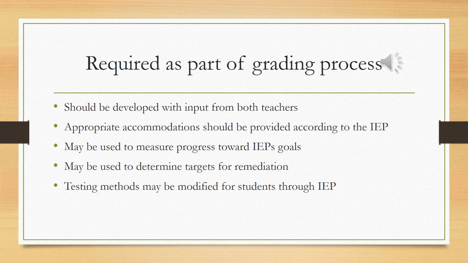Major tests can be used to measure progress towards students' IEP goals, especially if the special education teacher and gen ed teacher have worked together to develop the test. They can also be used to determine targets for remediation. Testing methods may be modified for students who have significant disabilities, and this should be addressed in the IEP.